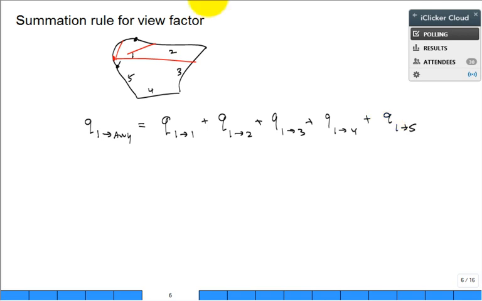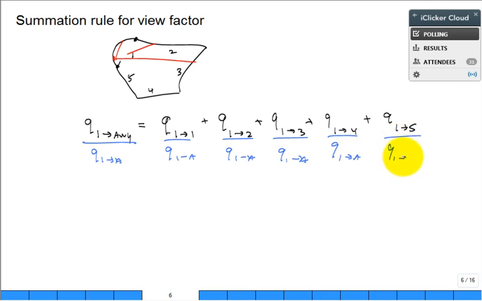Well, if I take this equation and I divide it by Q1 to anywhere, on every term, did I do proper mathematics? Did I divide every term on both sides of the equation by the same amount?